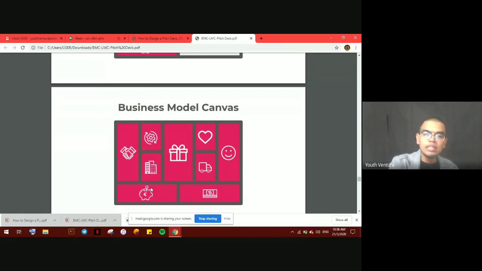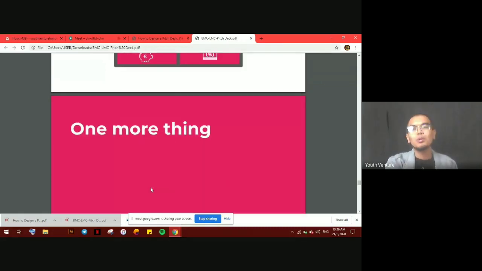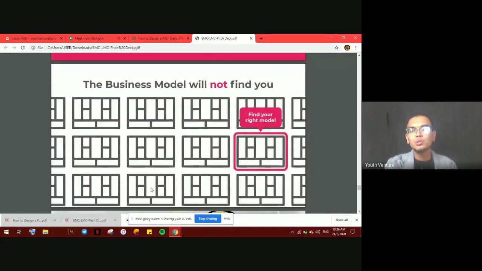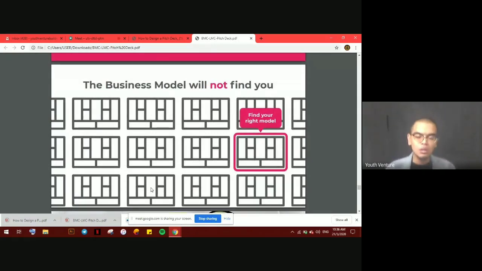So what we need you to do is not just build your business model canvas, but understand that business is not a constant state. Business keeps on changing, meaning that you can't just write down your business model canvas and expect that it would be the final version.